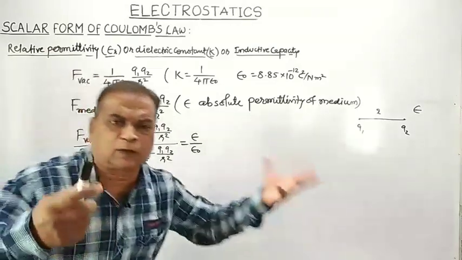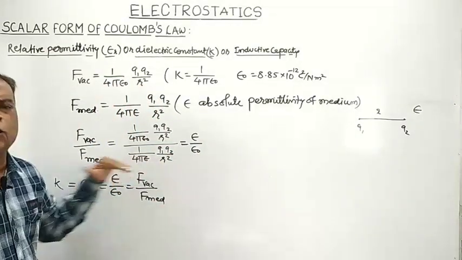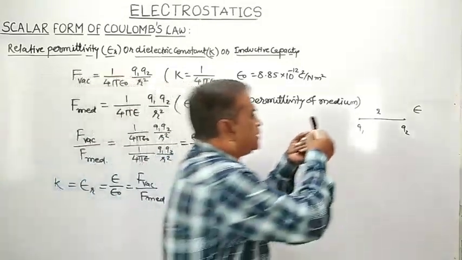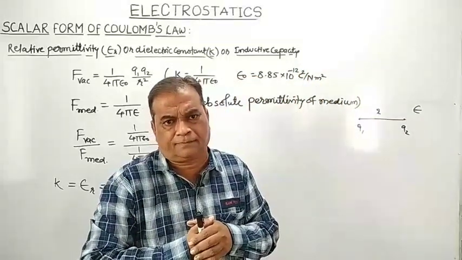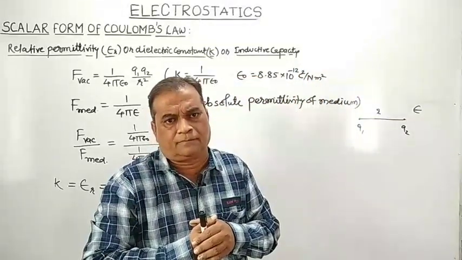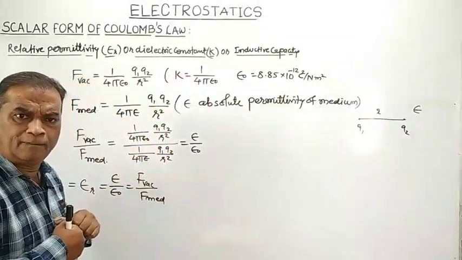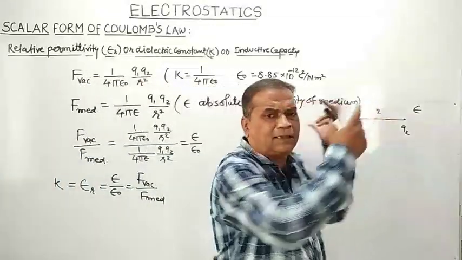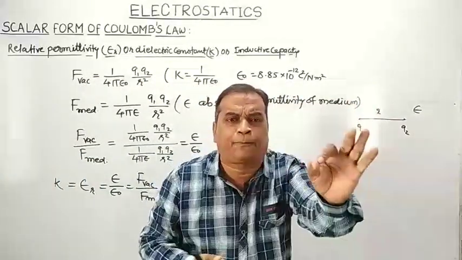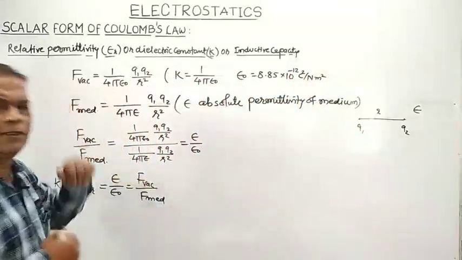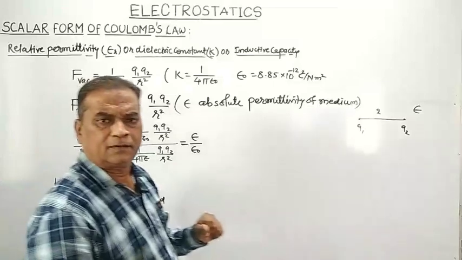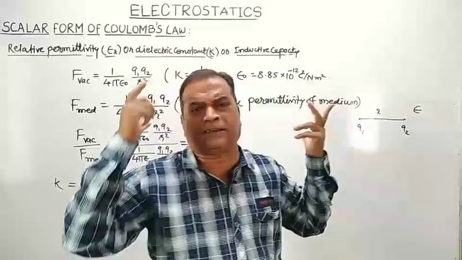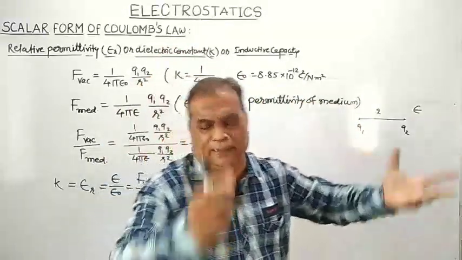Relative permittivity can also be defined as the ratio of the force between the two point charges which are at rest at a certain distance apart in free space or vacuum, to the force between the same two charges at the same distance apart but kept in a given medium.